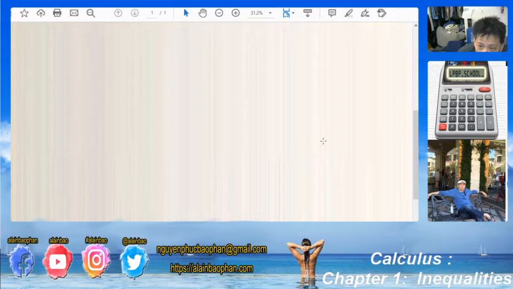So find the root of each factor, and then find the root of the whole thing, x plus 3 times x plus 4. Then you draw a table and consider the roots and signs of the two factors, x plus 3 and x plus 4, and then you find the sign of h of x, which is the problem given. So in this case you will find the sign of x plus 3 times x plus 4.